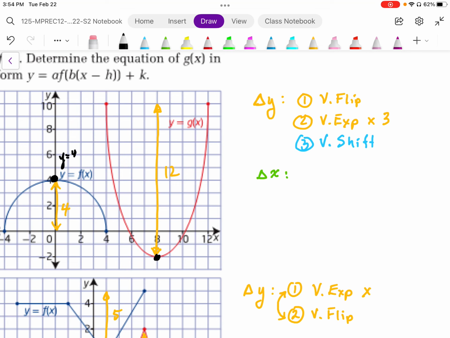It ends up down here at y equals -2. So I'm going to flip and expand by 3 and figure out where that coordinate ends up. And then I'm just going to shift it into the right position, because when I flip and expand it, I have the right orientation, I have the right shape. I just need to get it into the right spot.